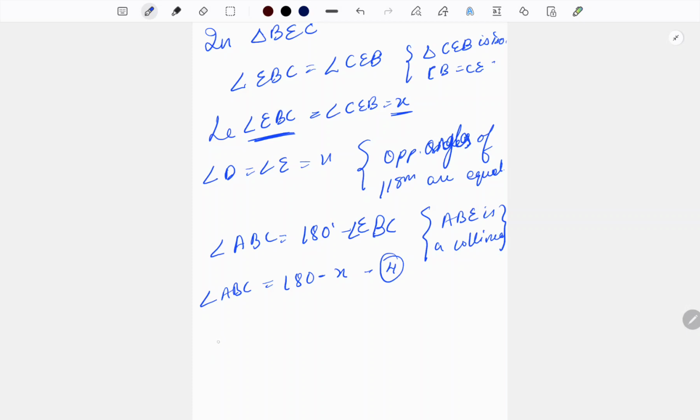Now if you see, AB is parallel to CD, right?